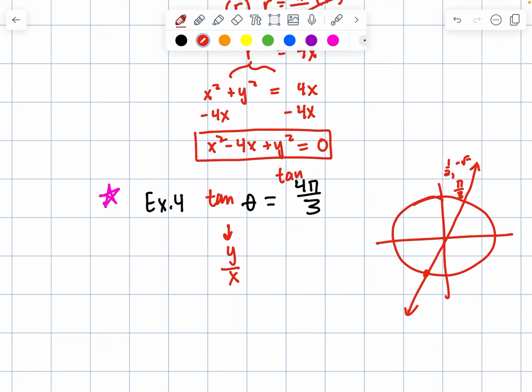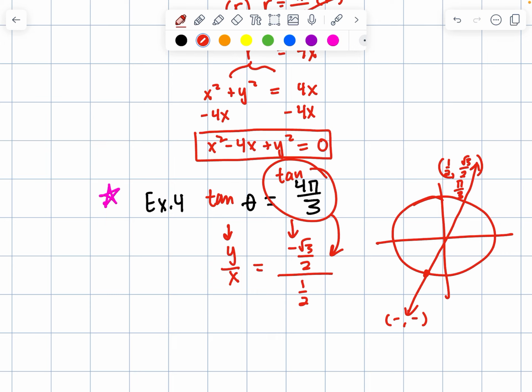We're going to have the negative version of that, because it's negative here. So this is going to be y over x is going to be negative root 3 over 2, all over 1/2. Okay, and those are going to be equal to each other. So this tangent of 4 pi over 3 becomes this ratio.